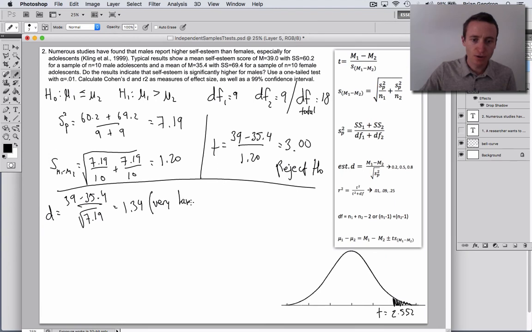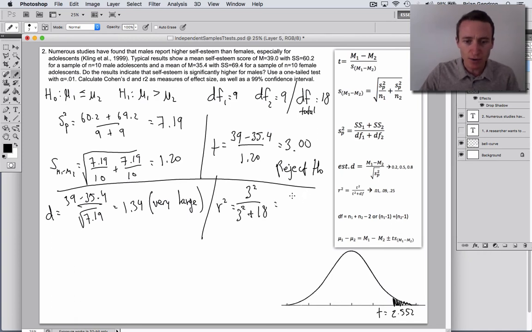Very large. Let's calculate r squared: 3 squared, which is our t value squared, over 3 squared plus degrees of freedom. So 9 over 27 looks like 0.33. And you could say very large for that as well.